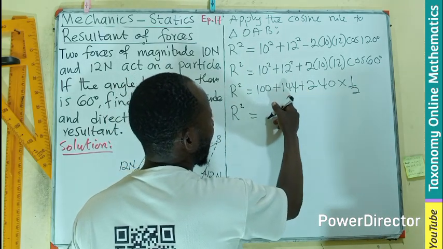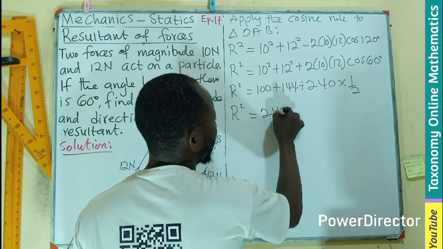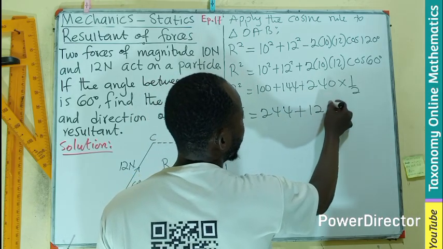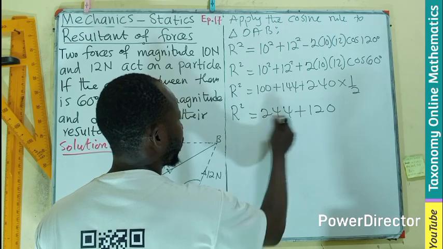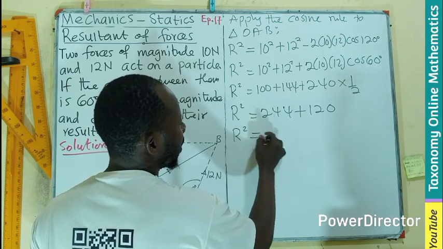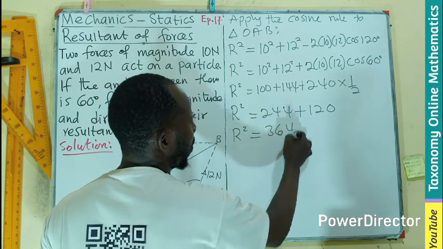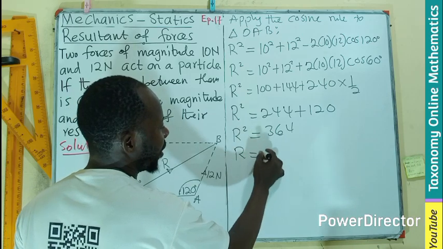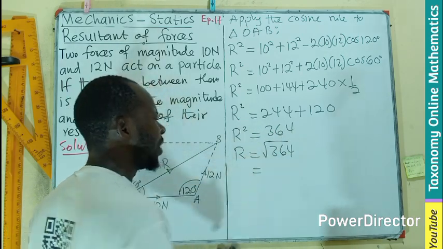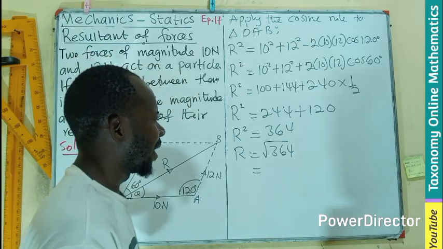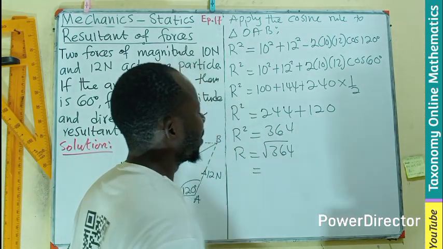This is going to be 244 plus 120. So let's see, if we add this, 364. So R square equals 364. Your R will be the root of 364. What would that be? I think 18 something.